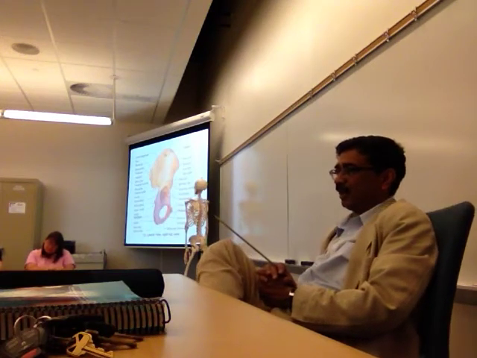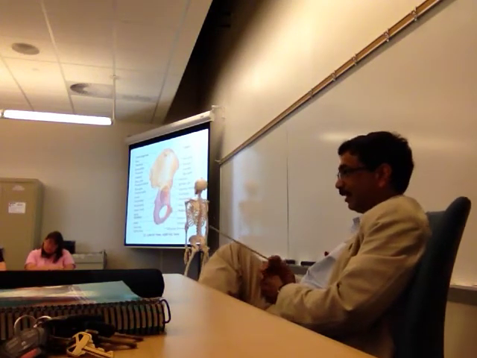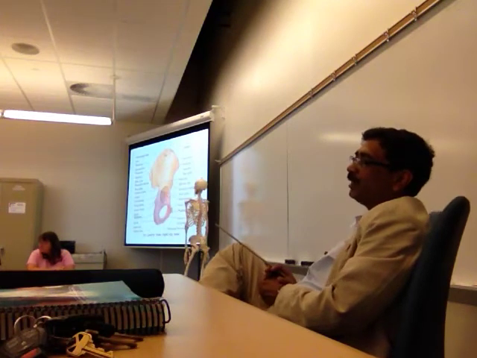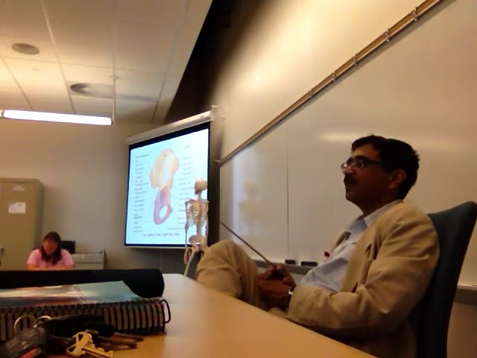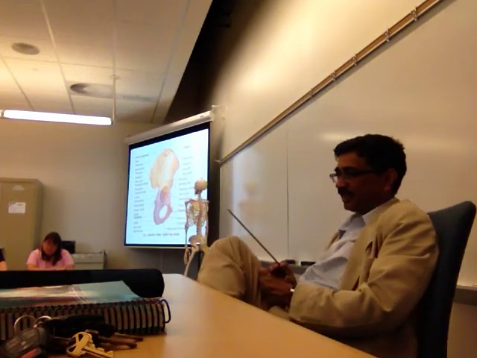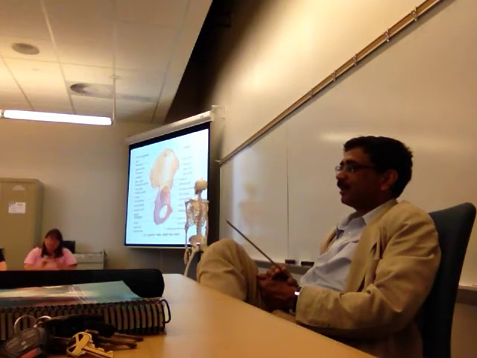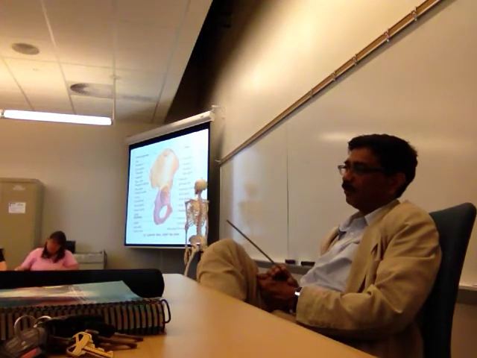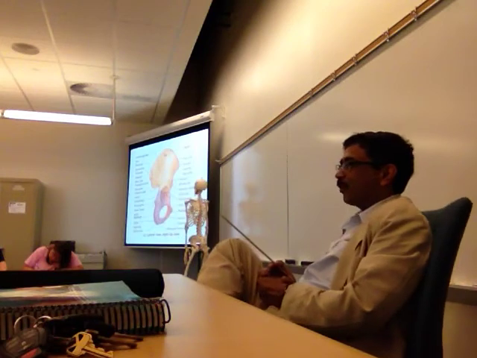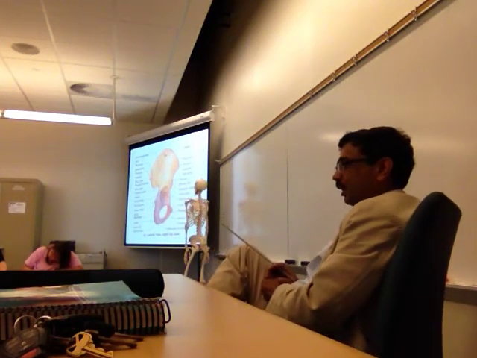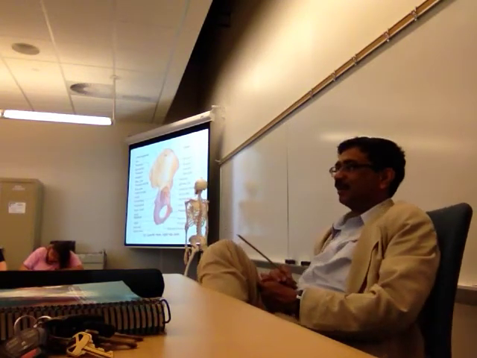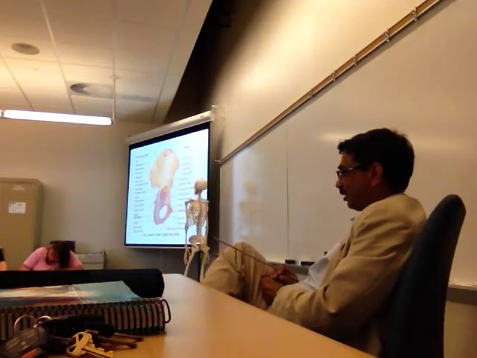Although there is no clear demarcation, you can't really see any line or clear border, developmentally, when the hip bone is formed, when the ossification occurs, 3 ossification centers appear to form this bone. One ossification center appears in the upper part, and the other 2 in the lower part. And then from those 3 ossification centers, the formation of bone starts.